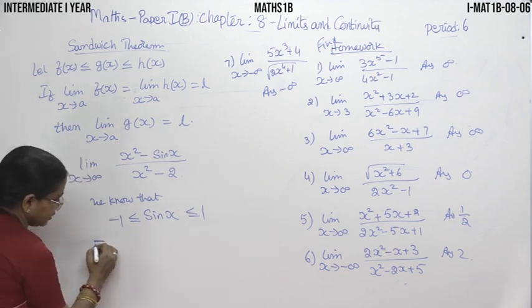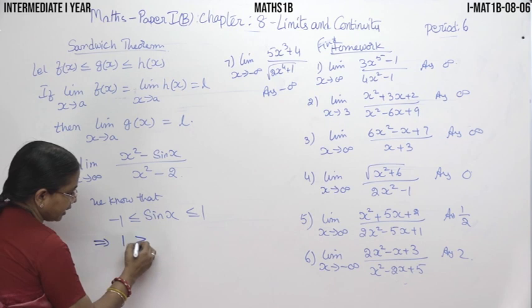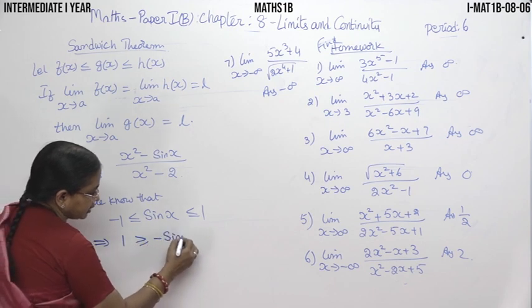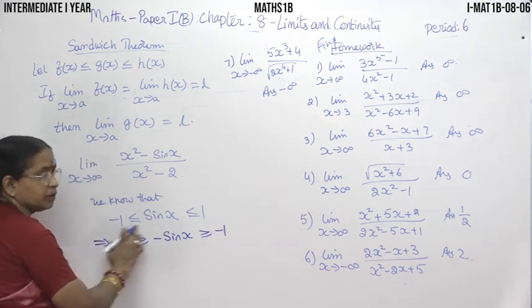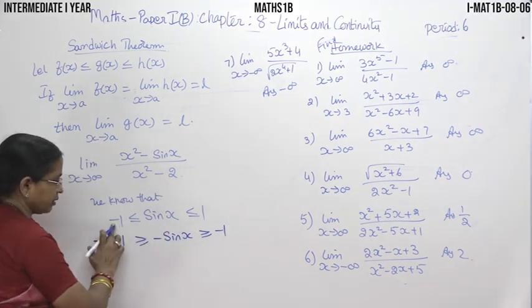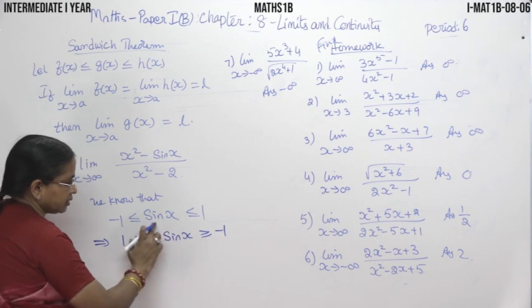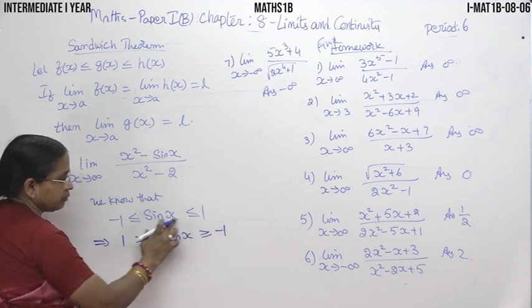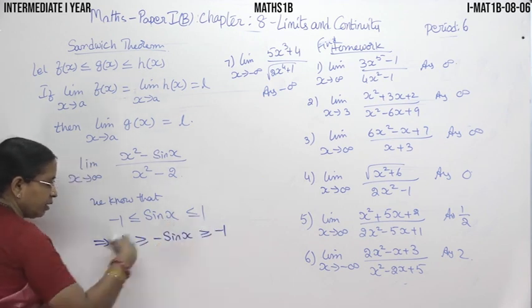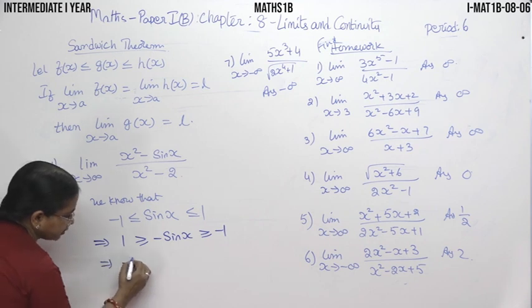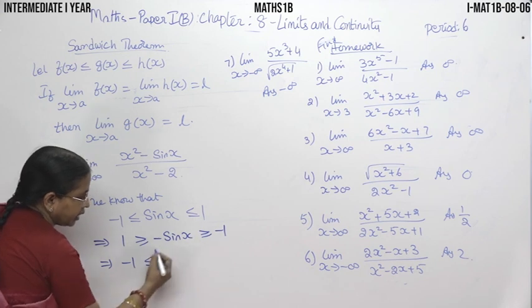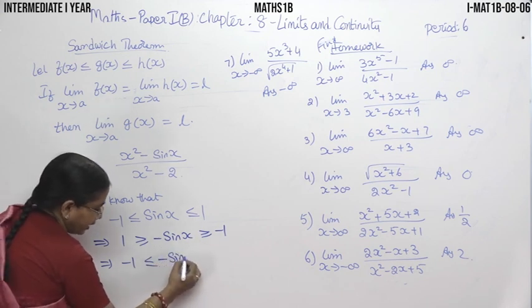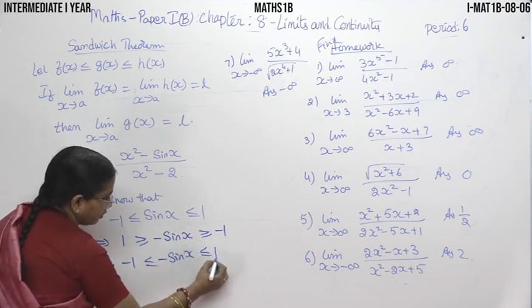So 1 is greater than or equal to minus sin x is greater than or equal to minus 1. We are multiplying the whole inequation by minus 1, so inequation signs will change. Now again bring it to this side, then again the directions will change. So minus 1 is less than or equal to minus sin x is less than or equal to 1.